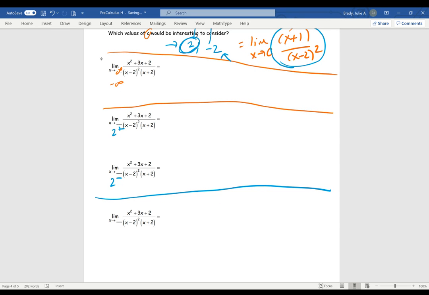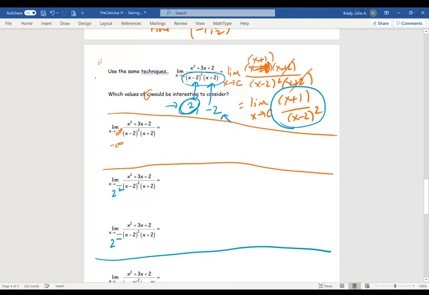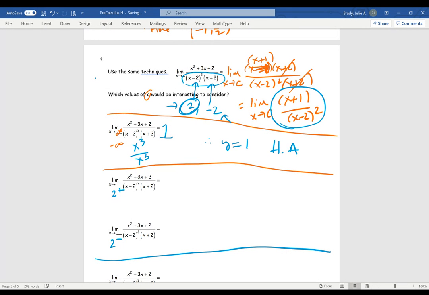So I'm just going to check the one direction. Okay, so let's see. If we're approaching negative infinity or infinity, this function is going to behave like x cubed over x cubed, which means that the limit is 1. And since it's the end behavior, we know that y equals 1 is a horizontal asymptote.